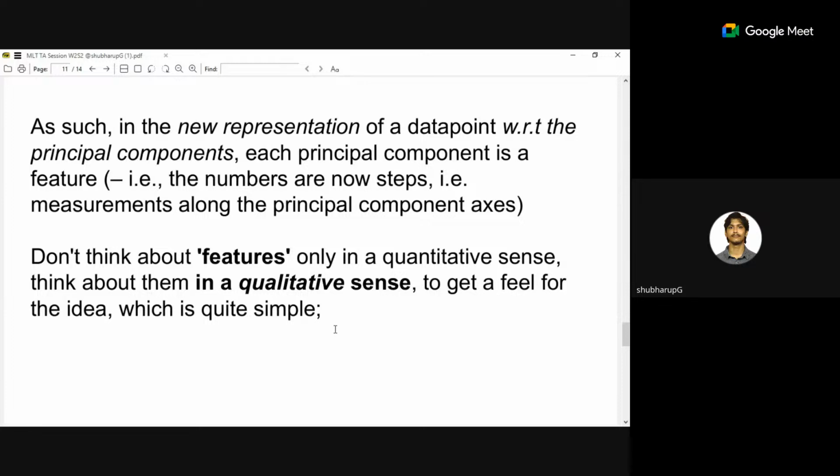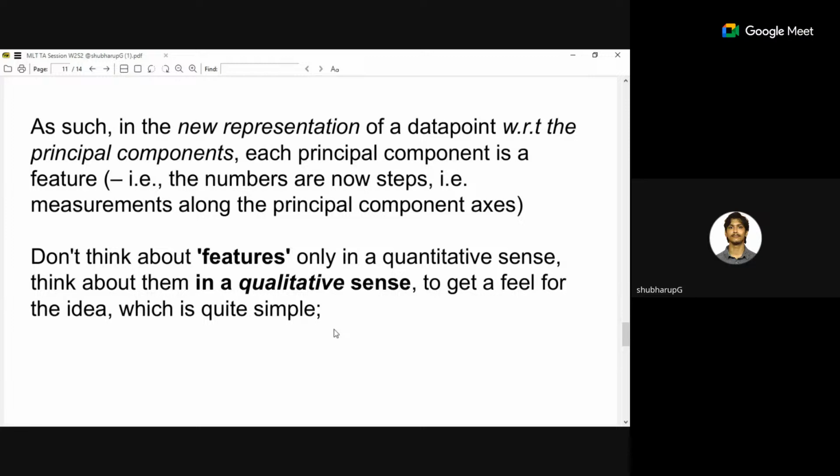So you can change the basis, like we did in math too. You can always change the basis. You can rotate the axis grid to align with the principal components.